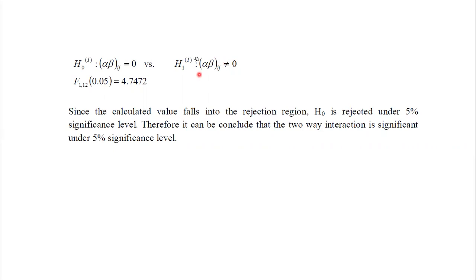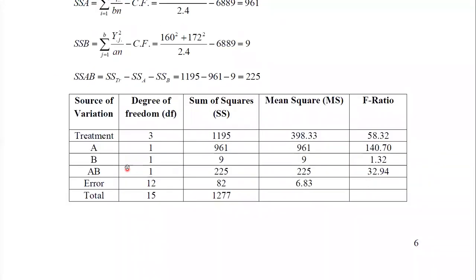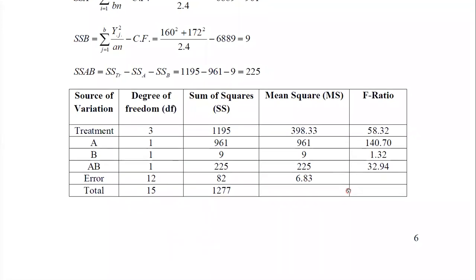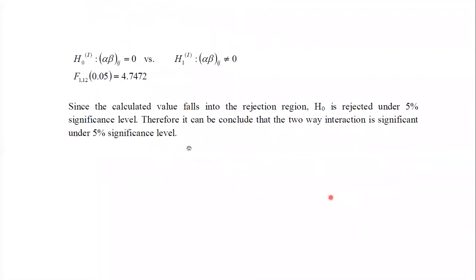Therefore, you can use the F ratio obtained for the interaction to test the hypothesis. Here you can see the obtained value was 32.94.